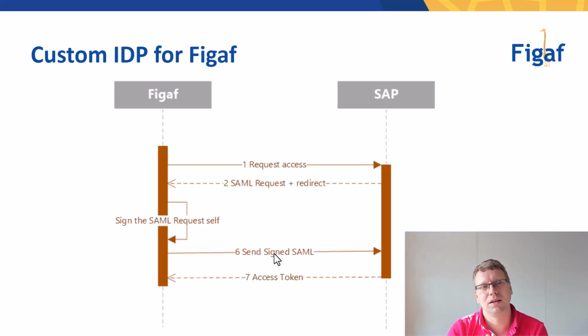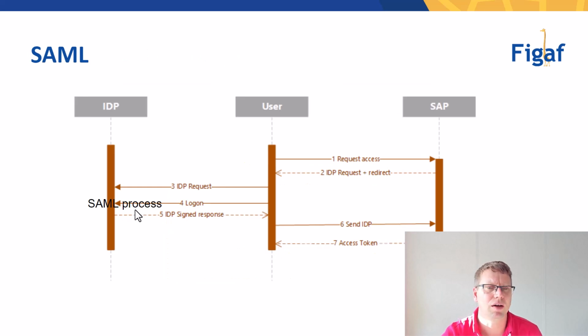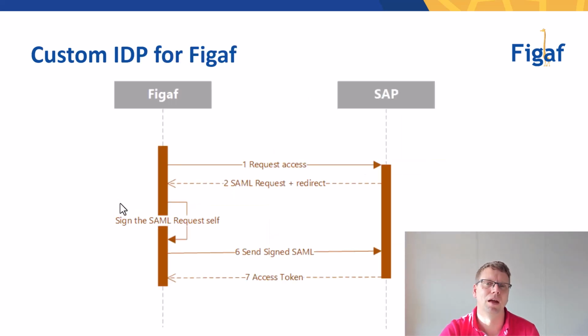So with this custom IDP, we are bypassing a few of these things to simplify the process. We could have used this, but it would just have meant that we would have a factor more to support: Auth0, Active Directory, all these things, and in a lot of cases you would anyway not want something more than just a user password to log on.